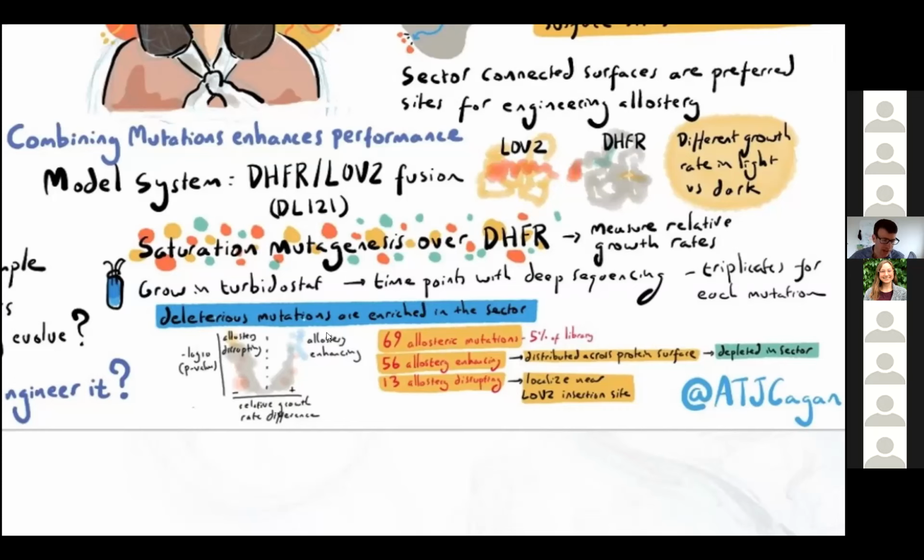And what she found is that when they made mutations in these predicted regions, these regions that involve this sector, they were able to enhance allostery, they were able to disrupt allostery, and basically these were either depleted in the sector or inserted near the sector, but she was able to figure out this protein and how it interacts with another protein with these sectors.